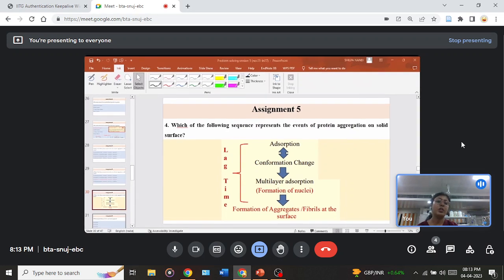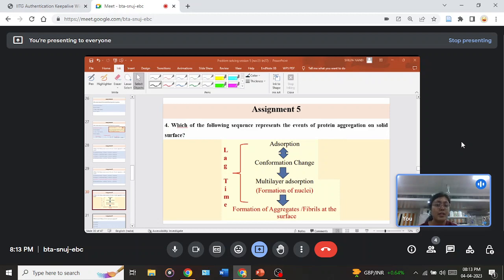This is the particular sequence of events that occurs during protein aggregation in the case of solid surfaces. Firstly, we have adsorption, which is basically a factor that leads to aggregation of protein.